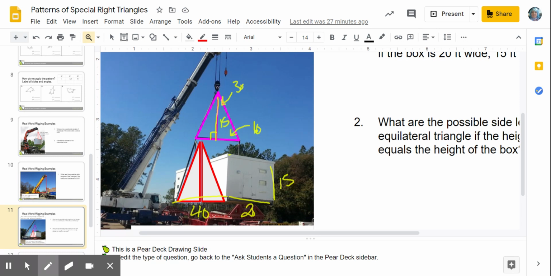Are we good with that? And these sides are the same. And this is half as big. So if this is x, this is 2x, and that 15 is x times the square root of 2 or square root of 3? 3, thank you. So if I solve that equation for x, what do I have to divide by?